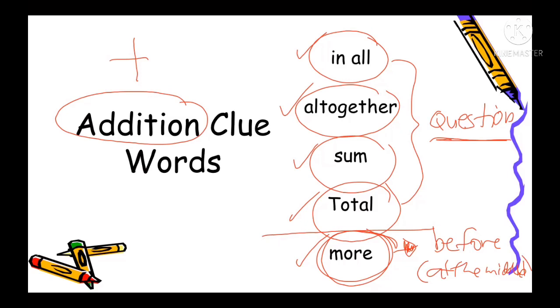Okay, you can see them, or see one of them, in the question, but "more" you can see in another part of the problem, not in the question. Did you understand? So those are the clues. Let us read those again. In all, altogether, some, total, more.